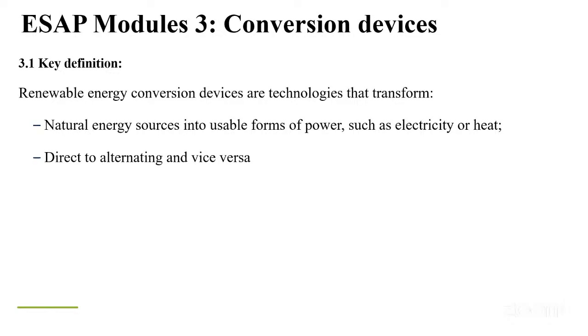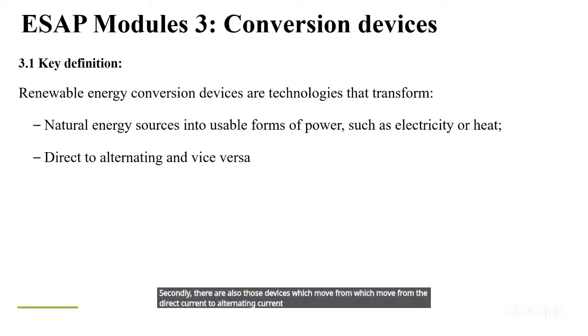Certainly, there are also devices which move from direct current to alternating current, or from alternating current to direct current. Those are the different devices we are going to discuss in this section.